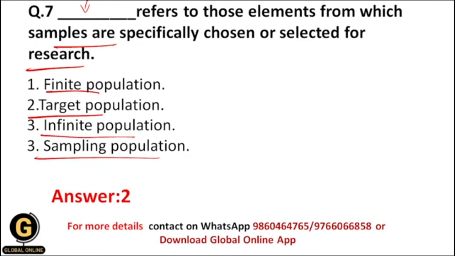Sampling population is again the population which includes the samples for the study, but the concept is that target population refers to those elements from which samples are specifically chosen or selected for research, not from the sampling population. So try to understand, students, and that's why your correct answer should be 2, that is target population.